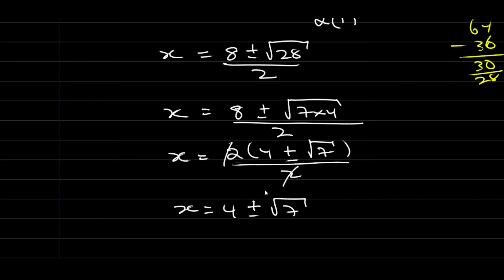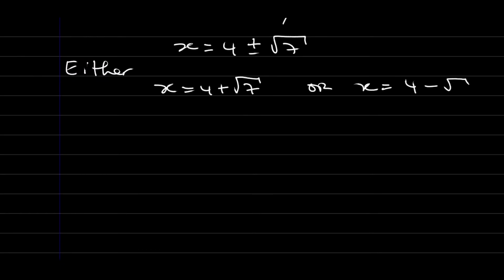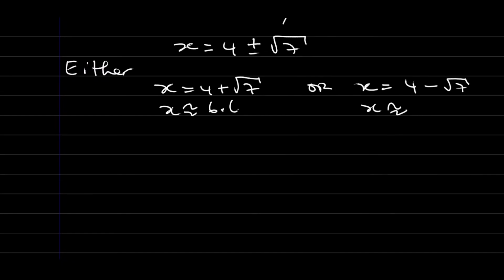Now I just have to take my answers and find out which one belongs to my valid region. So either x is equal to 4 plus root of 7, or x is equal to 4 minus the root of 7. Let me use the calculator. 4 plus root of 7 is approximately 6.645.